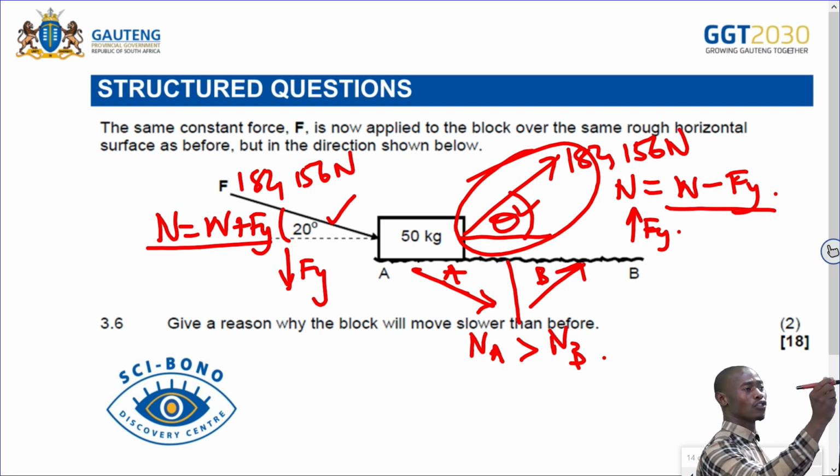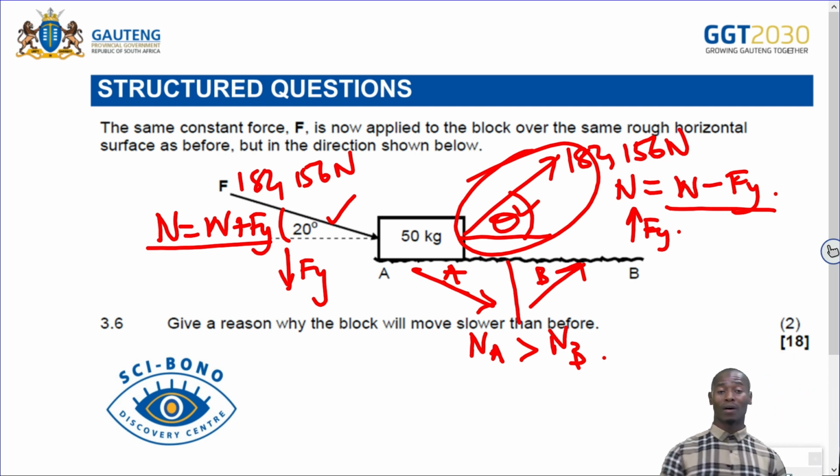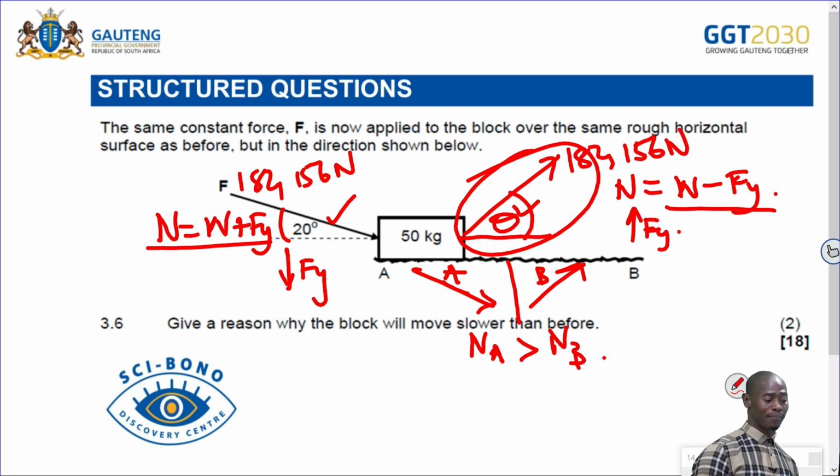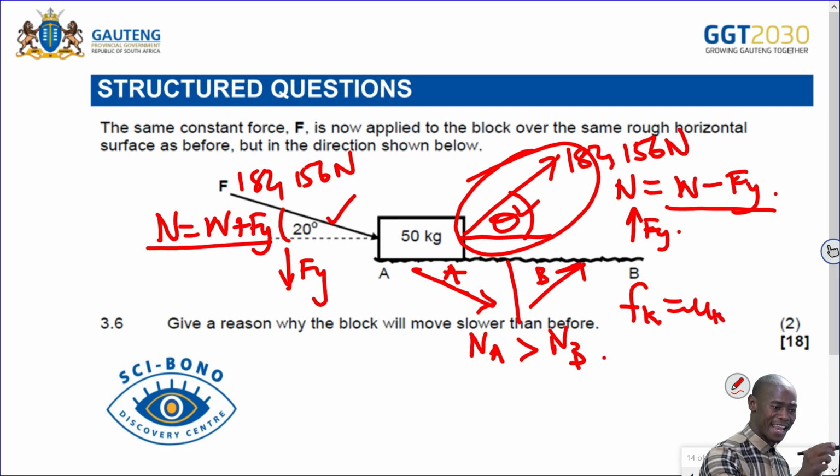But here, normal force is weight minus Fy. So that is why I'm saying normal force A, where the object is pushed, is greater than the normal force where the object is pulled at what? At an angle. Right. So normal force A being greater than normal force for what? For force B. Right. Then Fk equals mu k N.